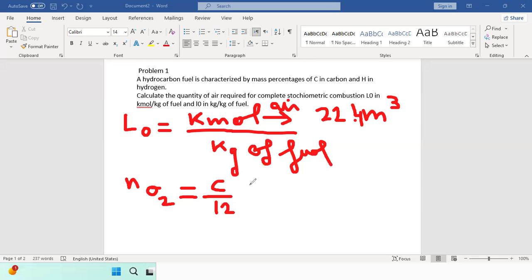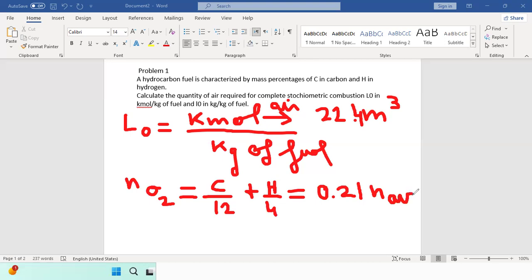Okay, so we can say that this is equal to the number of kilomole of air times 0.21. Since O2 represents only 21% of the volume of air, this is equal to 0.21 times the number of kilomoles of air required.